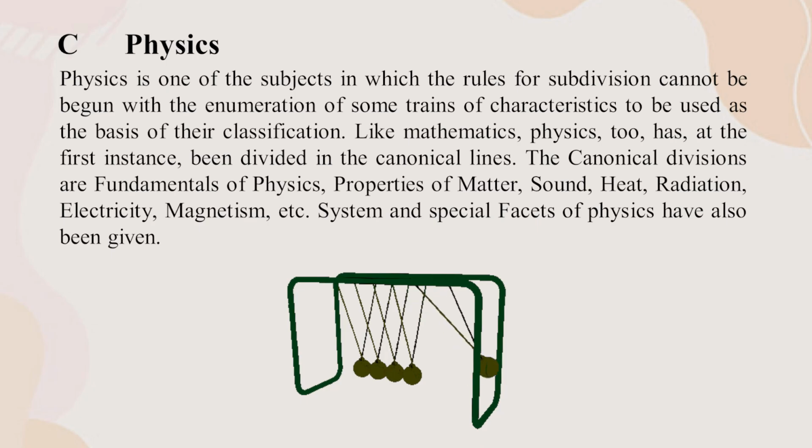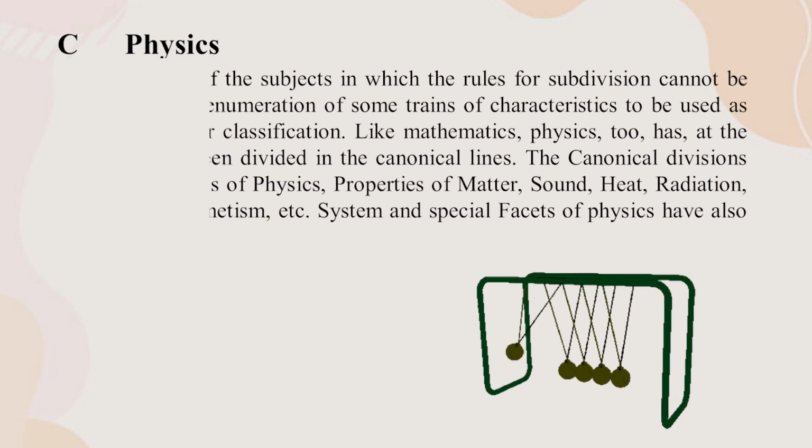Like mathematics, physics too has in the first instance been divided along canonical lines. The canonical divisions of physics are, in the first instance, fundamentals of physics, properties of matter, sound, heat, radiation, electricity, magnetism, etc. Systems and special facets of physics have also been provided.